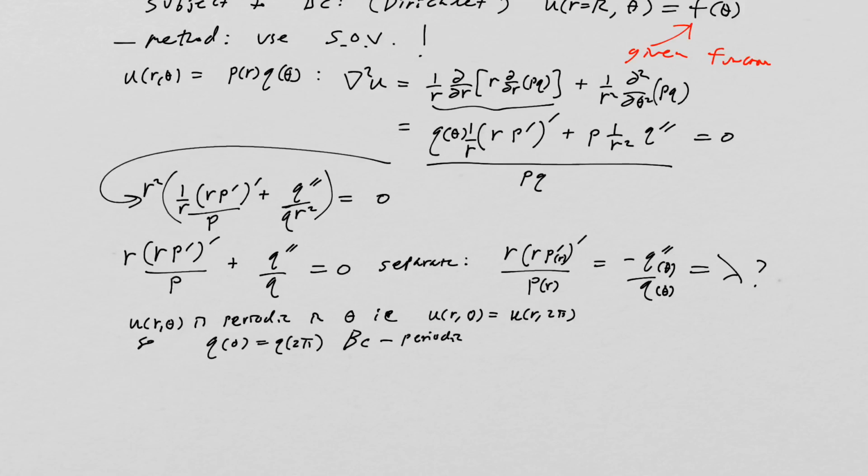But we can go further. We know it must be true as well that the derivatives must also be continuous at theta equals 0 and 2 pi.